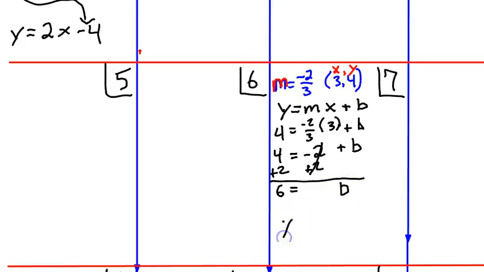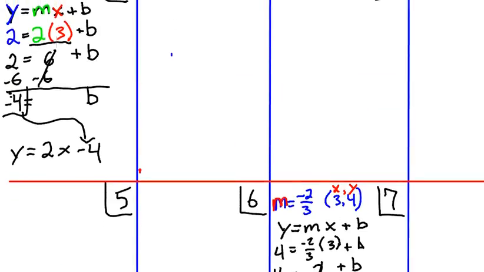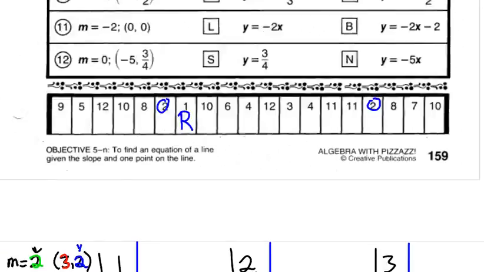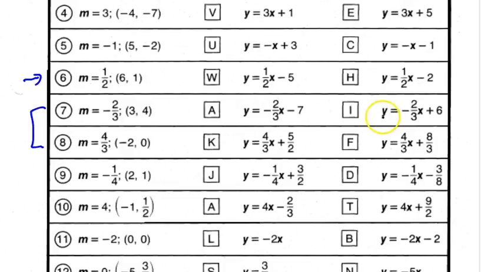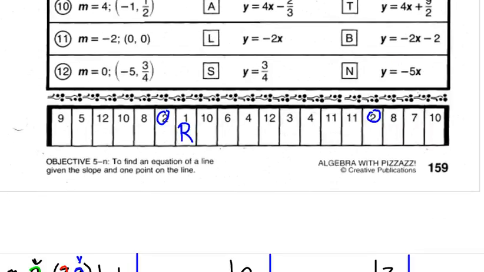And so our final answer is y equals negative 2/3 x plus 6. That's number 7.